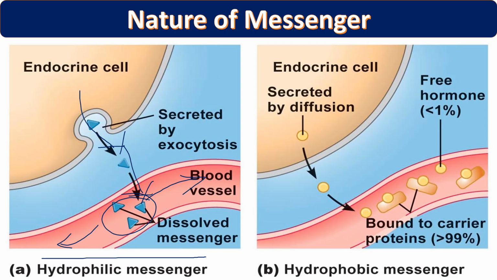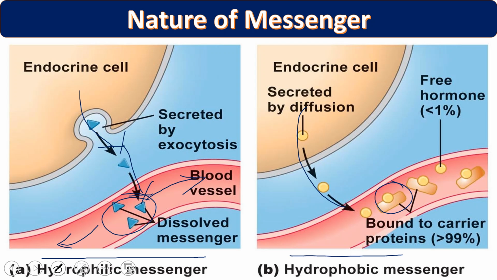Whereas any hydrophobic messengers which are not water soluble, like lipid soluble hormones or some amino acid hormones, cannot be transported without the help of proteins. They need carrier proteins. So once these hydrophobic or lipid soluble hormones are released into the blood circulation, they bind to some kind of carrier proteins, mainly albumins.